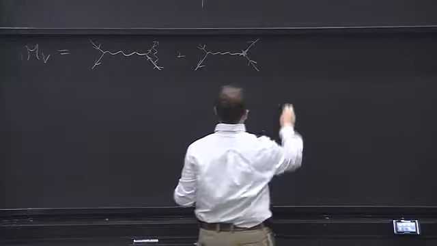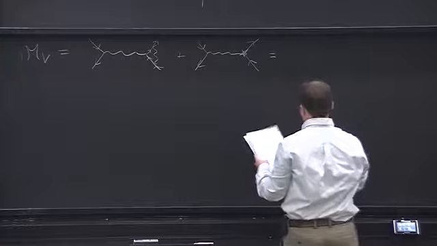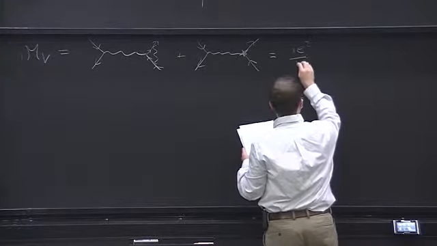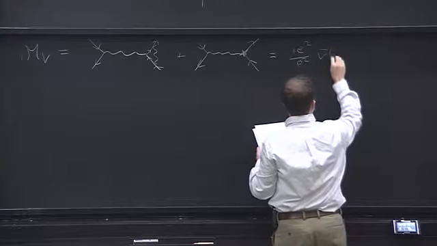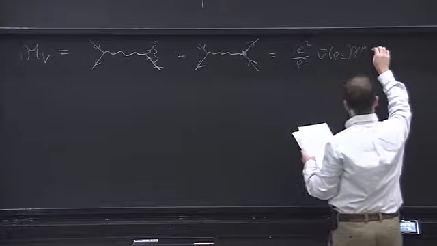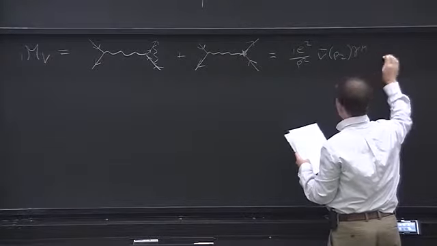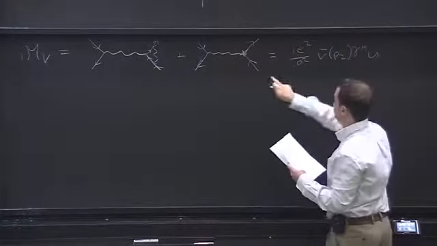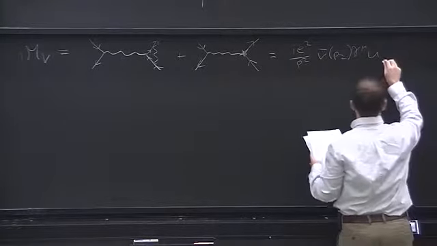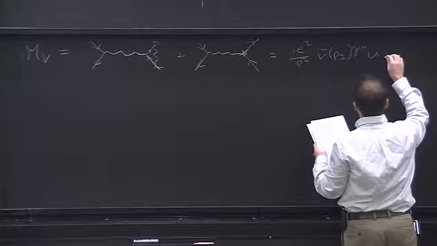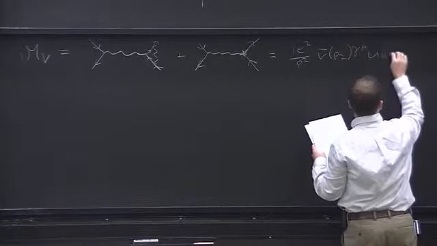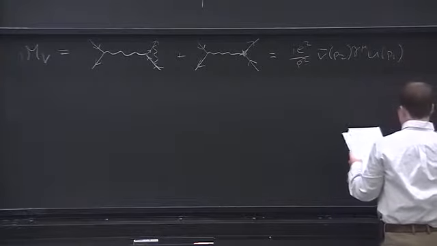And so let's call the result this. The electron line is simple. It's just the tree level vertex. So we get v-bar of p2, gamma^mu, u of p1.